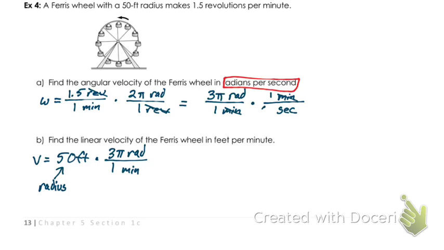And I can say 1 minute equals 60 seconds, which is just going to be 3 pi radians over 60 seconds. In this case, I'd probably round, and I said that would just be about 0.16 radians per second.